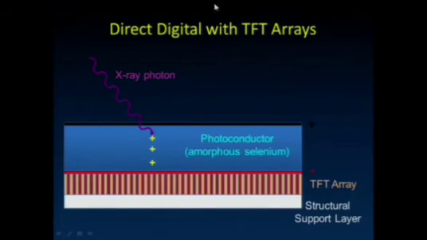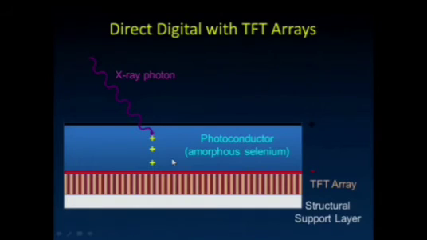And what's really nice about this is the X-ray comes in, and now instead of producing lower energy electromagnetic light phenomenon, it releases charge in this material. It releases electrons in that material. And if we put a little bias voltage, positive voltage here, negative voltage here, the electrons will move in one direction, and the hole, if you will, the space that the electron left, will move directly down to the thin film transistor array.